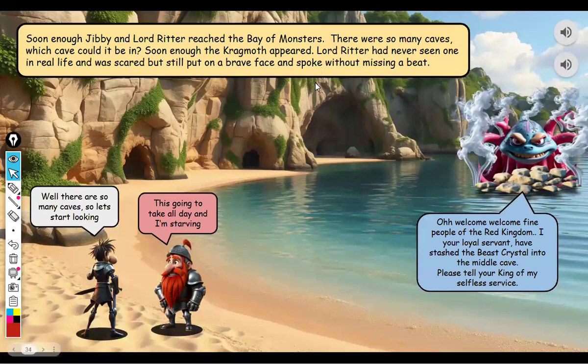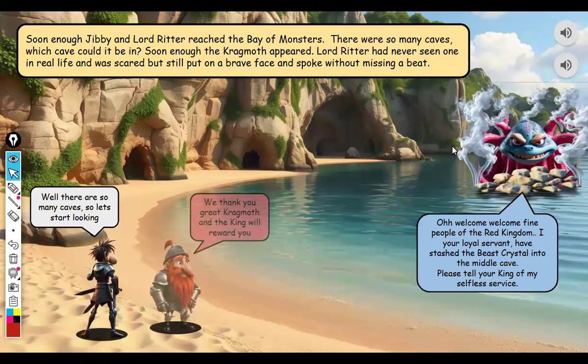Did the Kragmat actually find a beast crystal and was so nice enough to capture it and hold it for them until they came? Or do you think he's up to something? I think he's up to something. Anyway. Right, so yeah, they seem to trust him. I would trust him too.